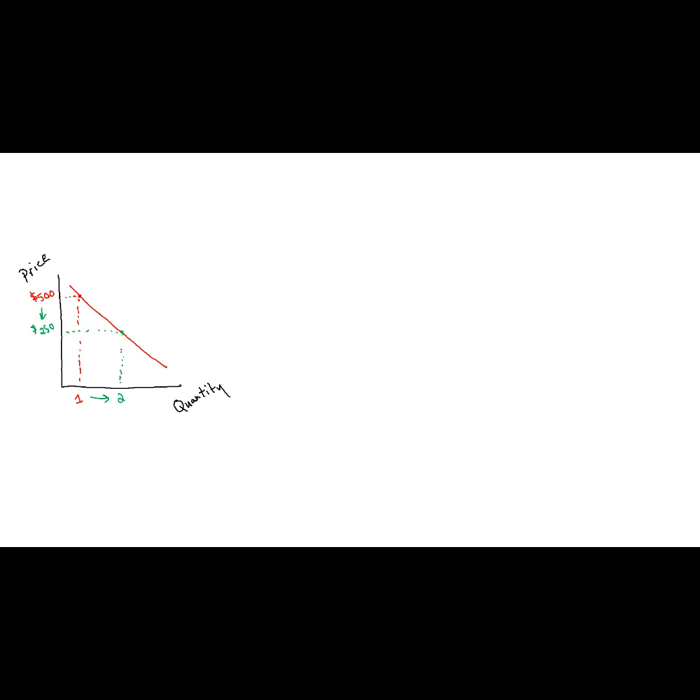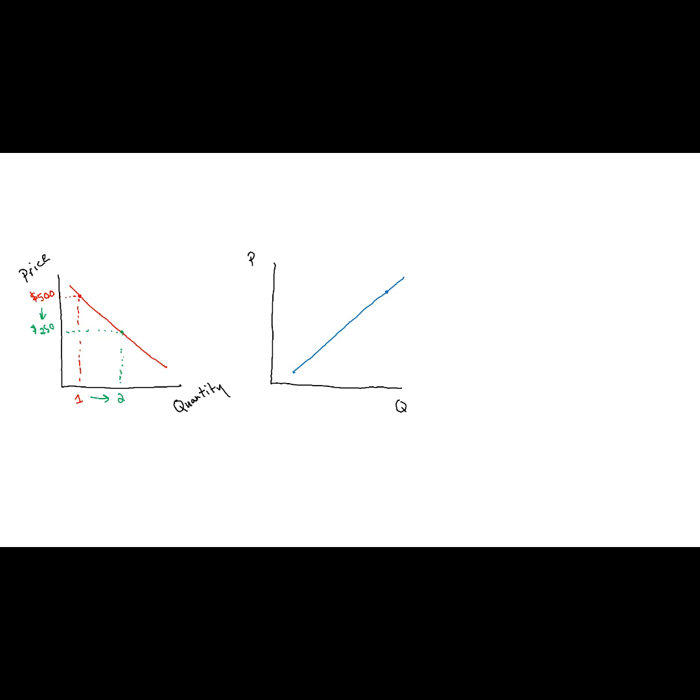Now, I just want to briefly mention supply. And so we have the supply side, and I'm going to talk about that later on. Supply side is the same thing. We have the price, we have the quantity, but in this case we have a supply curve that has a positive relationship with price and quantity. So the higher the price, the more likely producers are willing to produce goods.